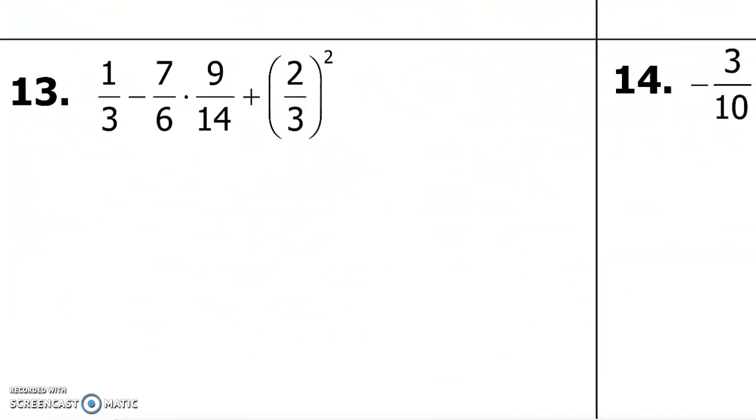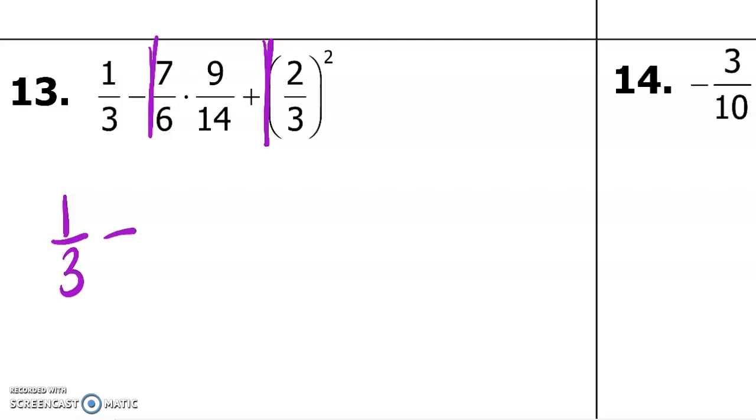Our last 2 are fractions, which look really scary, but again, you can use your fraction button on your calculator. For 13, I see that there's a subtraction and there's an addition that I'm going to separate. So I'm going to bring down 1/3 minus 7/6 times 9/14.